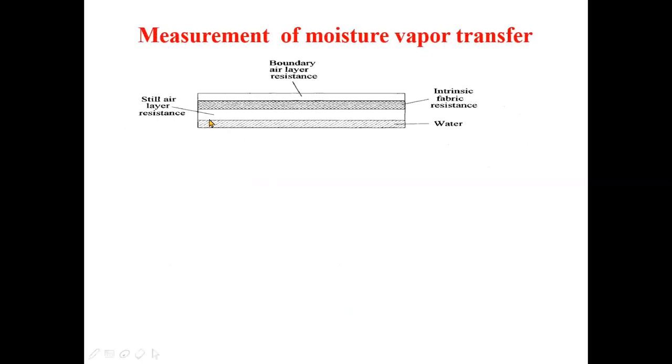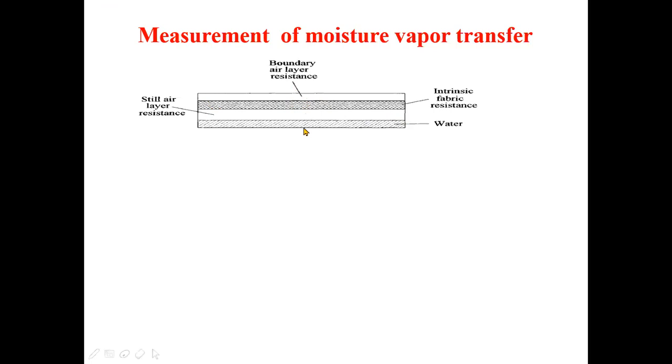As I have already told you, this is the water, and this is the still air which is in contact with the water. This is the fabric layer, and this is the air layer which is in contact with the fabric surface. So there are two air layers.